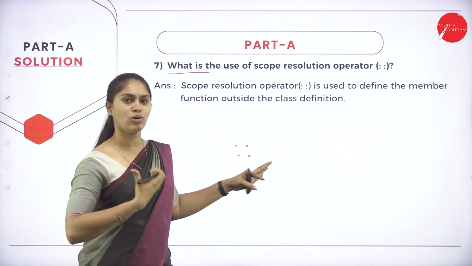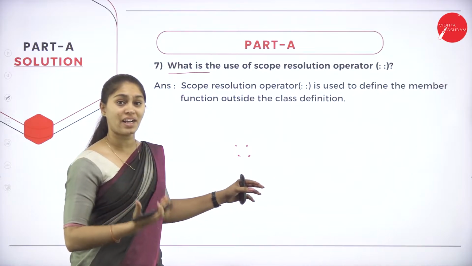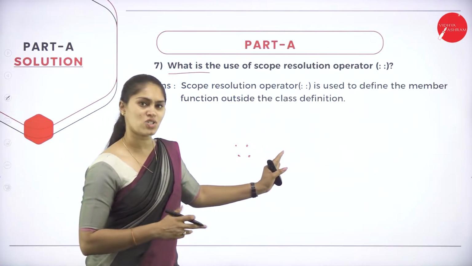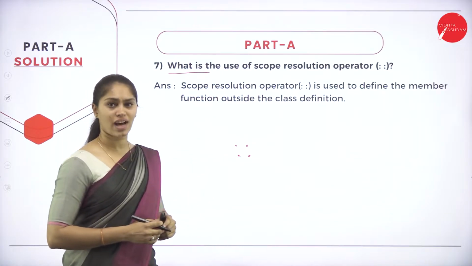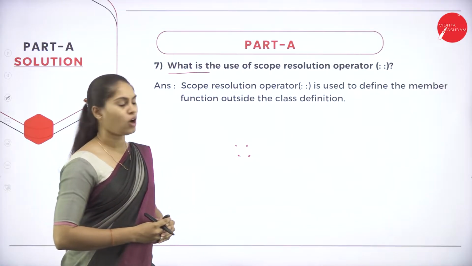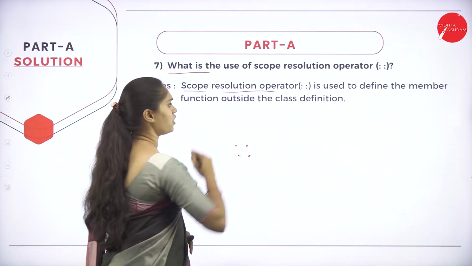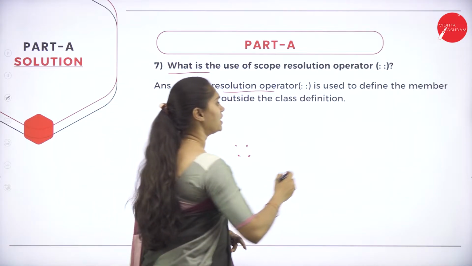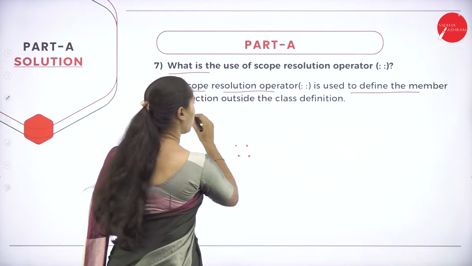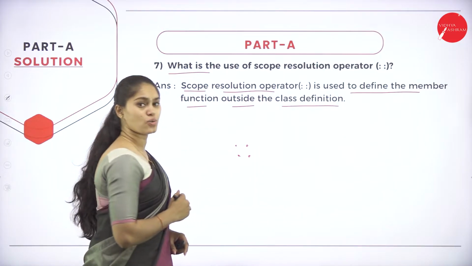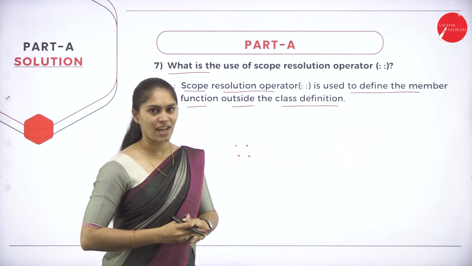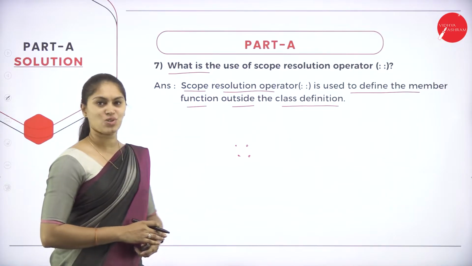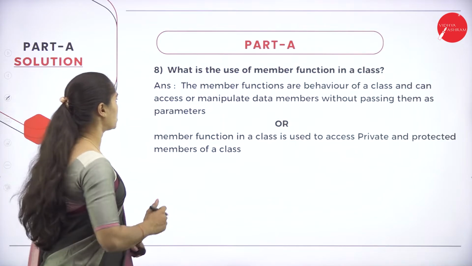So this binds the connection between the member function and the particular class it belongs to. That is the reason for having this scope resolution operator. So the scope resolution operator is used to define the member function outside the class definition. When I want to define the member function outside the class definition, we have to use this scope resolution operator. We'll see the next question.